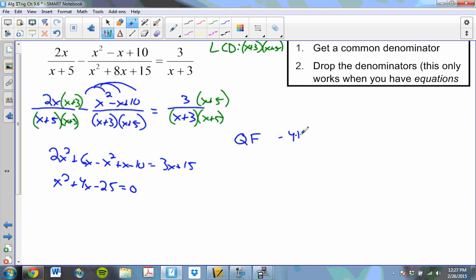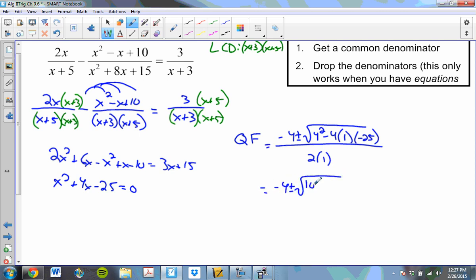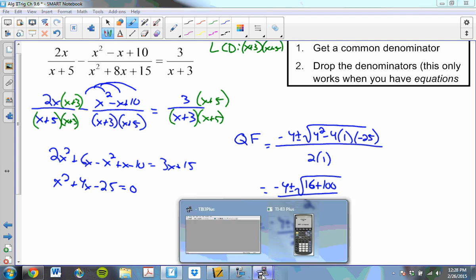So it's negative 4 plus or minus the square root of 4 squared minus 4 times a times c all over 2a. Which would be negative 4 plus or minus the square root of 16 plus 100 over 2, which is negative 4 plus or minus the square root of 116 over 2, and I'll do that in my calculator now.